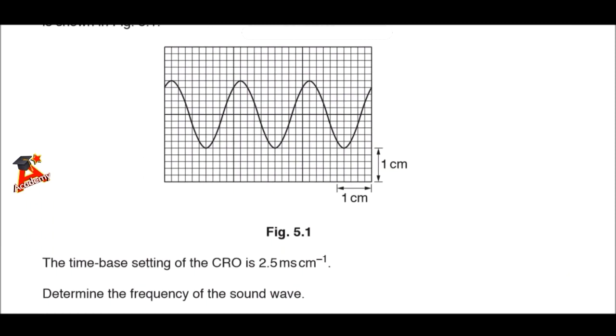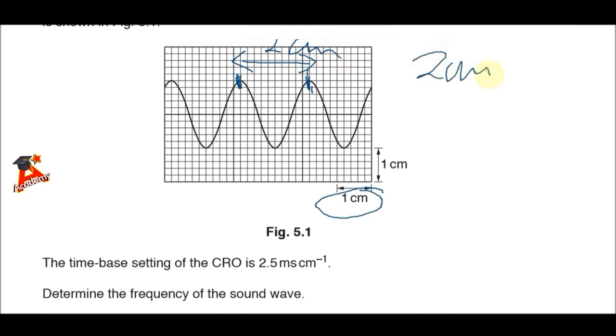We have to find the distance between two adjacent crests, that is from there to there, or any two adjacent crests. That distance there is 10 little boxes which are equal to 2 centimeters using the scale they've given us here.